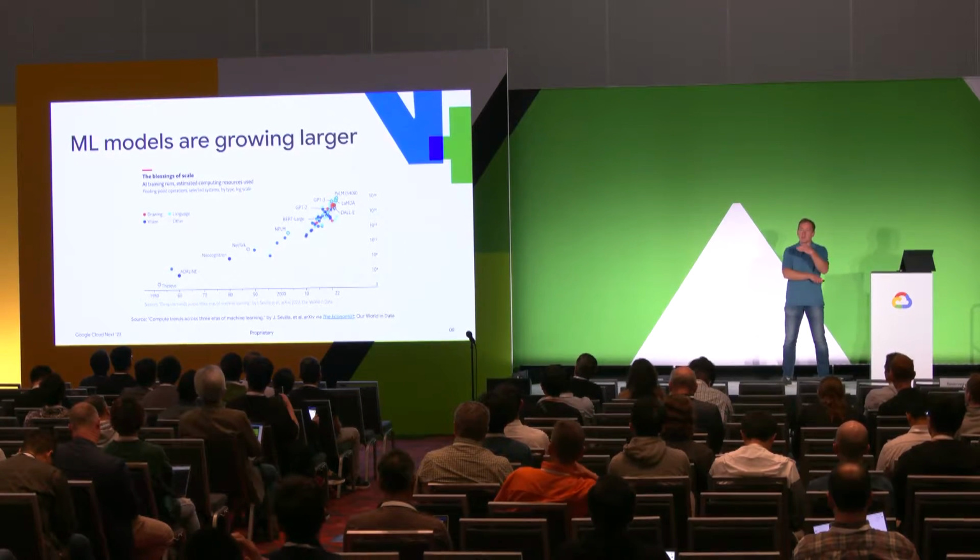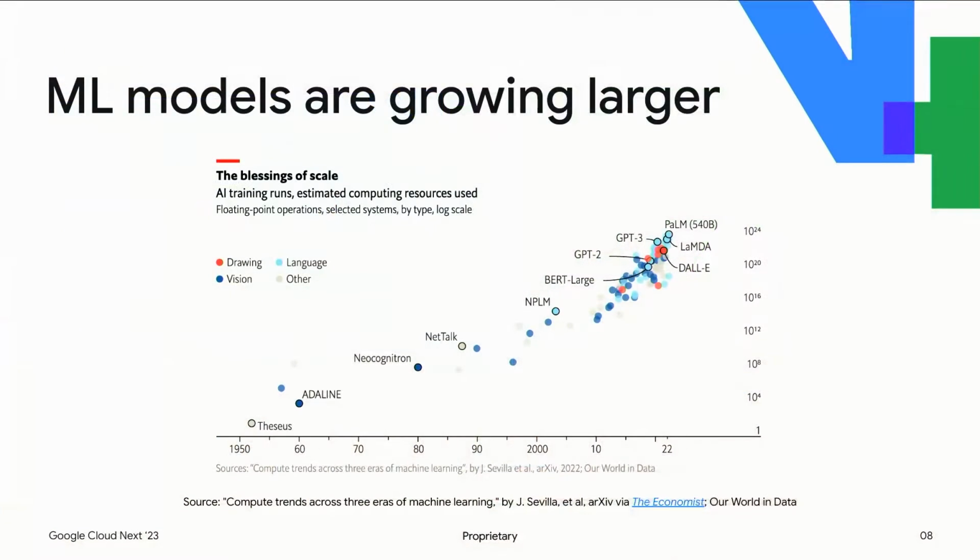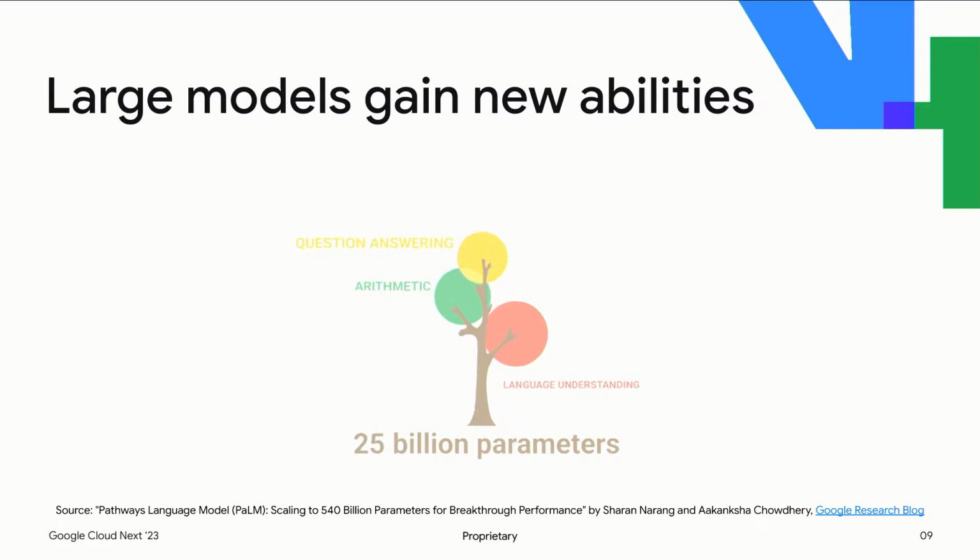So what are the unique challenges that we are experiencing in the industry? We see tremendous growth in model sizes. This graph represents the growth that we see with GPT-2, GPT-3, GPT-4, with PaLM, with Llama models. And that growth doesn't stop. Why is that growth happening?